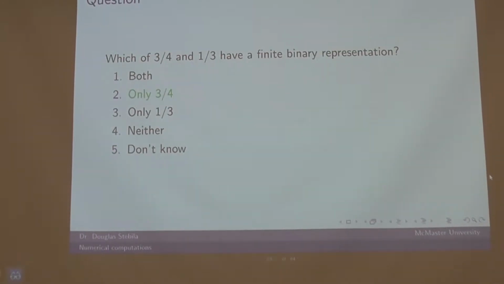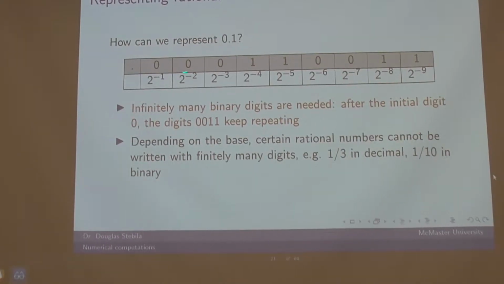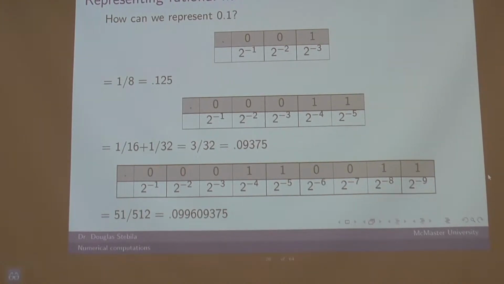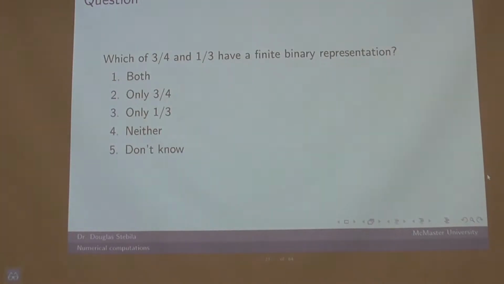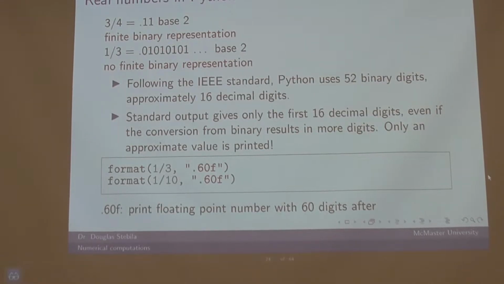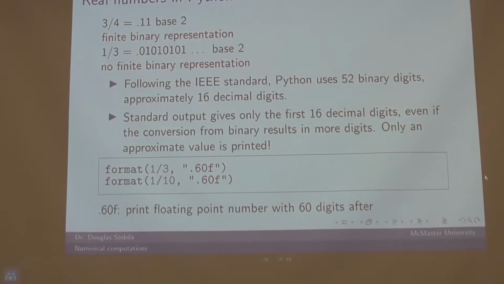So 52 digits are permitted in this long chain of digits. Now that's pretty precise. We're only doing 9 here, and we've got maybe approximately 3 digits of decimal precision. Using 52 binary digits, you get approximately 16 digits of decimal precision.